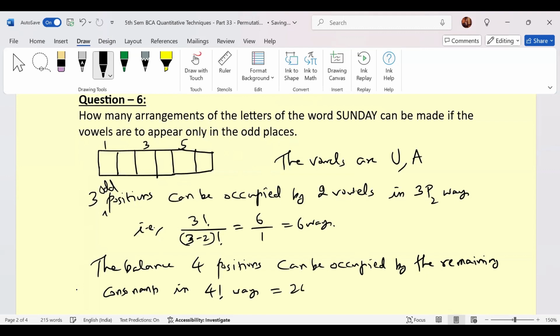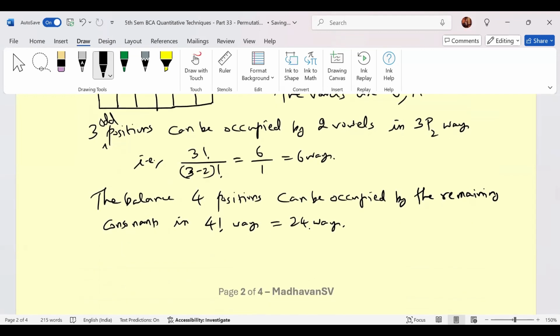That is 24 ways. Therefore, total number of ways, means the given problem's final solution, is 6 into 24. That is 144 ways. That will be the solution for this question.